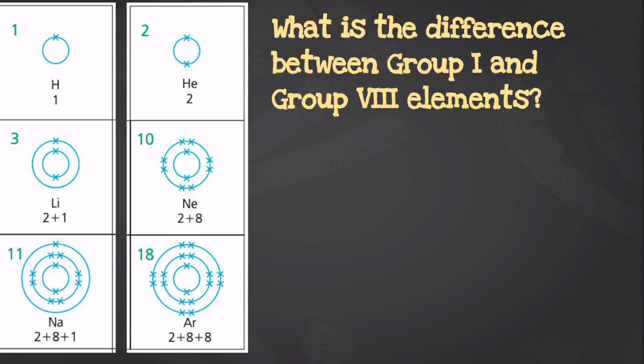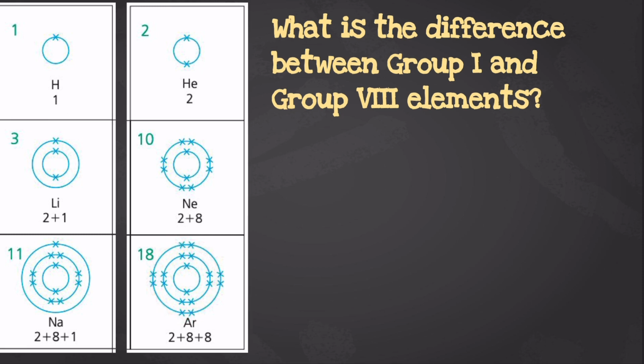Group 8, on the other hand, remember what we said? The first shell can take 2. And look at helium. It has 2. The next shell can accommodate up to 8. Now look at neon. It has 8 electrons in its outer shell. And argon also has 8 electrons on its outer shell.